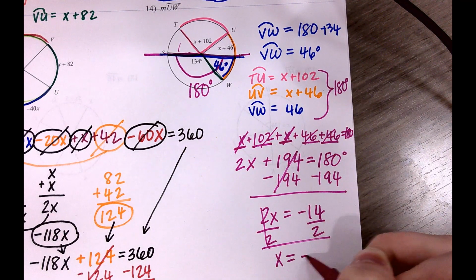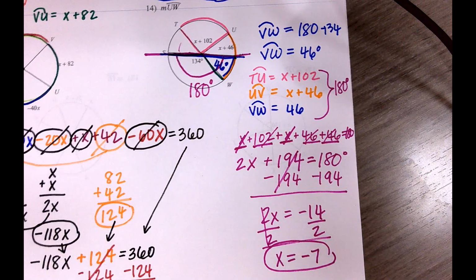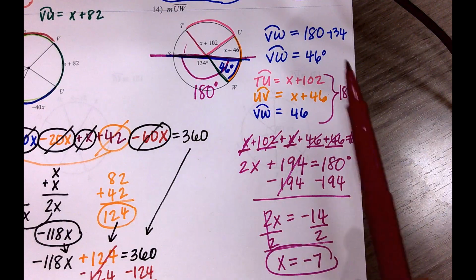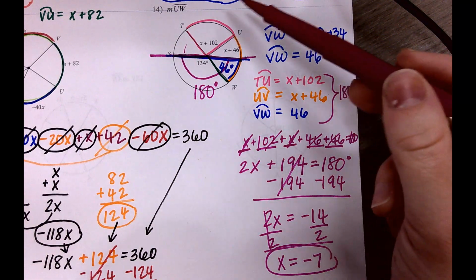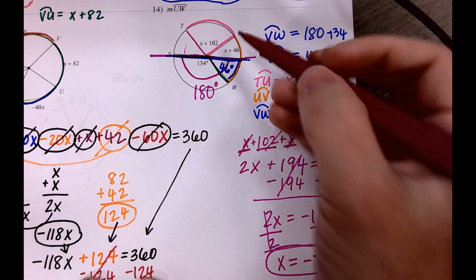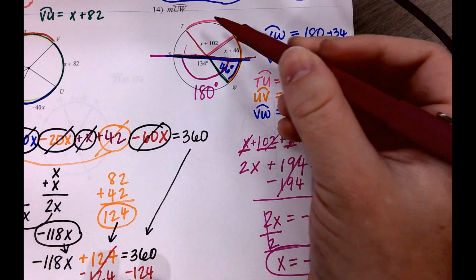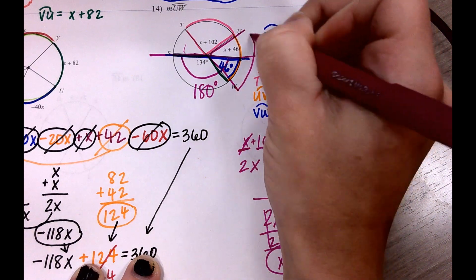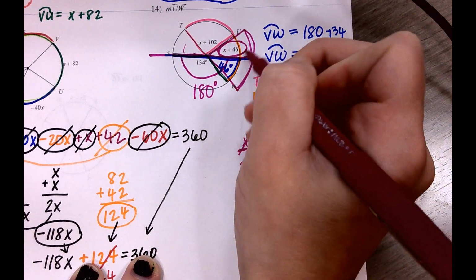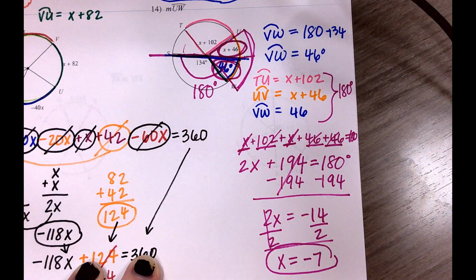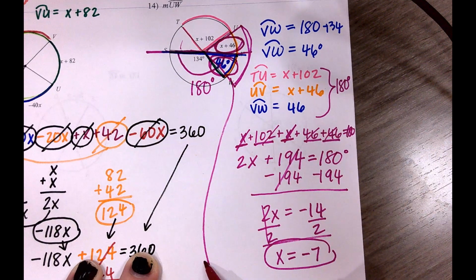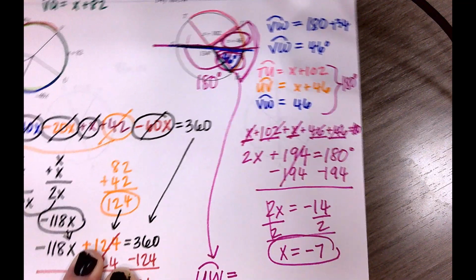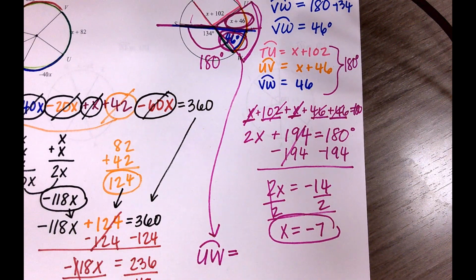Negative 7. So then plug in negative 7 for x. So it would be negative 7 plus 46 plus 46, because we're trying to find now U to W, which is x plus 46 and 46. So UW equals 85.